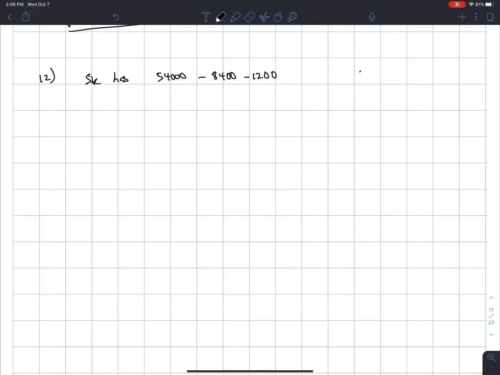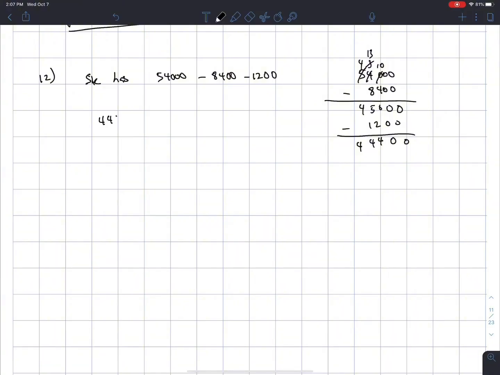So now we can subtract them. And 10 minus 4 is 6. 13 minus 8 is 5. This becomes a 4. And then we subtract 1,200 again. We get 44,400.